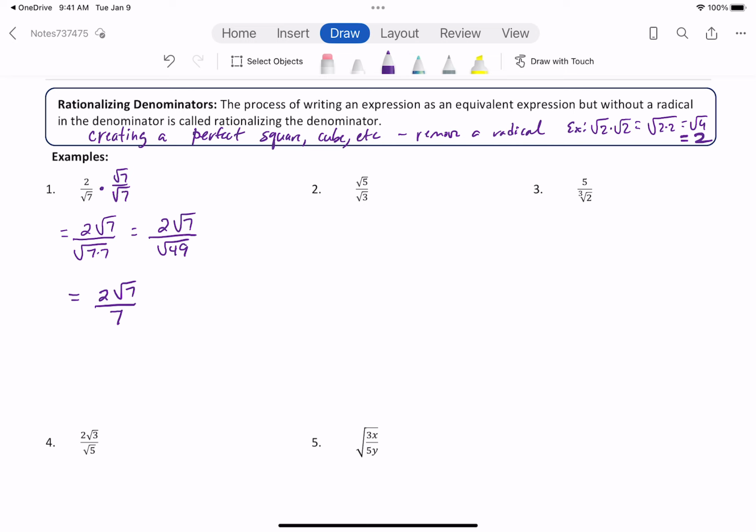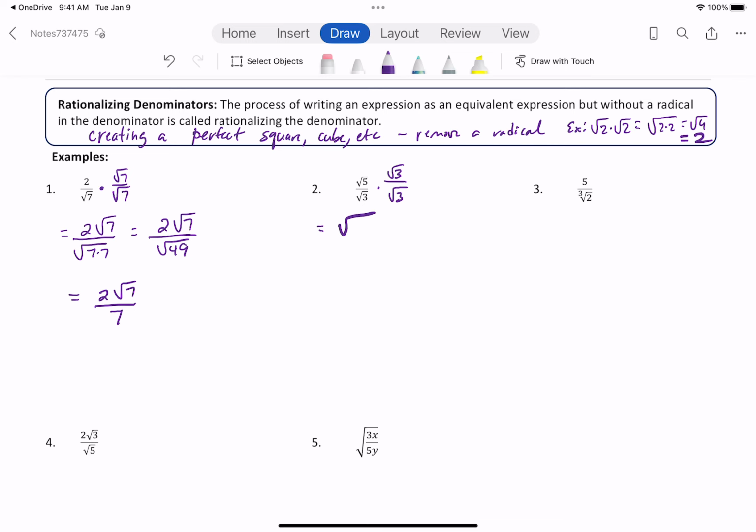All right, for number 2, it doesn't matter that there's a radical in the top. What we're concerned about is the one in the bottom. So since we have the square root of 3, we create a perfect square by multiplying by another square root of 3. And then we have to also do it in the top so that we're creating an equivalent expression.